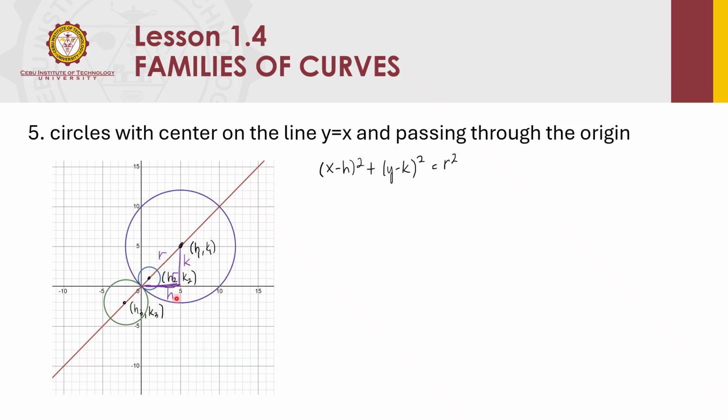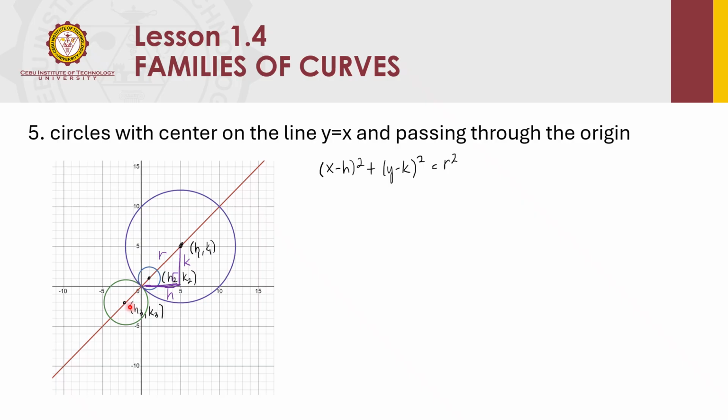It's always that the h value is equal to the k value, since the center of the circle is on this line and it should pass through the origin. Like for the smallest circle, k is just equal to h. For this third circle, k is just equal to the x, or the h value.